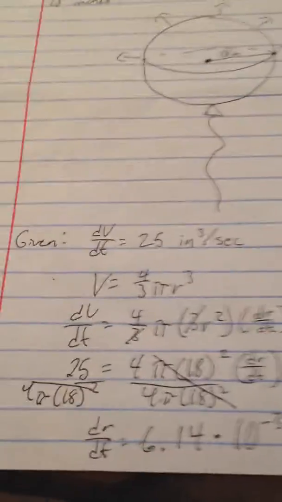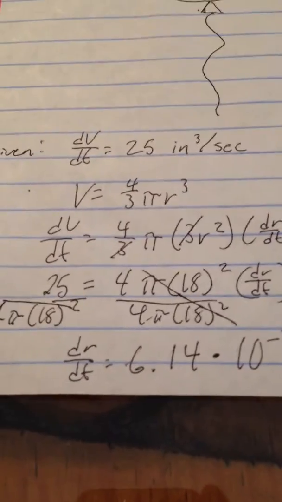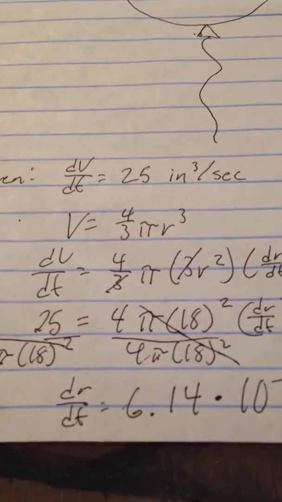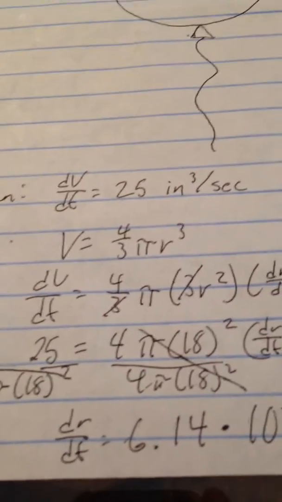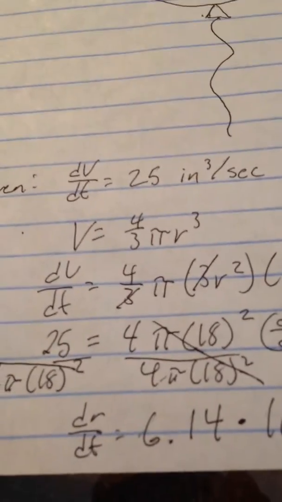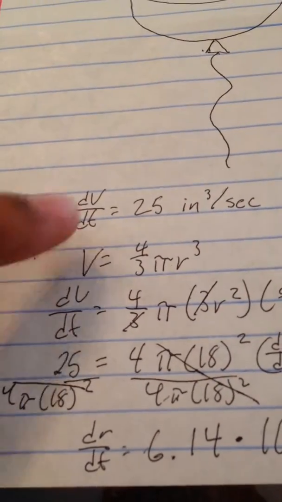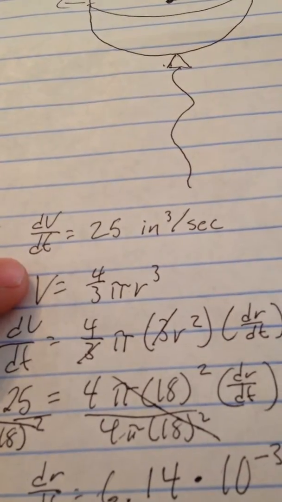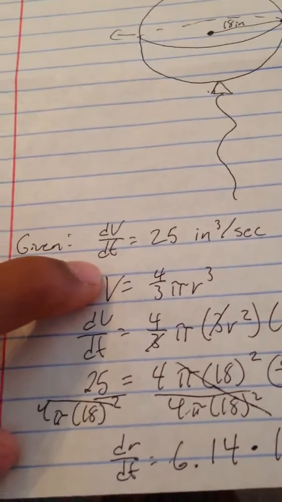So we already went through that dV/dt is the rate at which the volume is changing, and we also know the volume formula. To use that information, we're going to have to take the derivative of the volume, as I did in this step right here. So what I'm doing here is taking the derivative of the volume up here with respect to time, of course, because time is the variable when inflating the balloon.